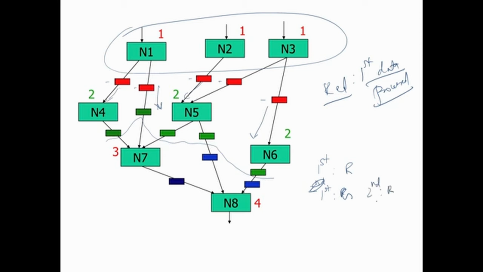At the end of the third clock pulse, the first will be in blue, the second will be in green, the third will be in red, correct. And at the fourth clock pulse, the first will be in output, the second will be in blue, the third will be in green, the fourth will be in red, and so on.